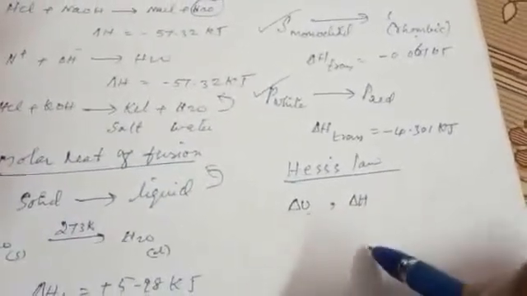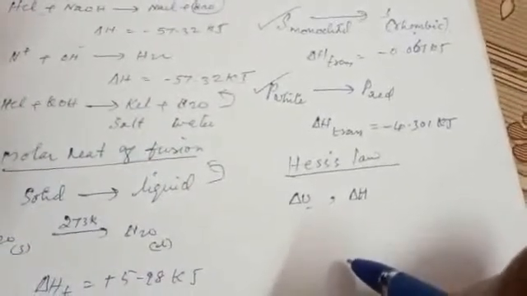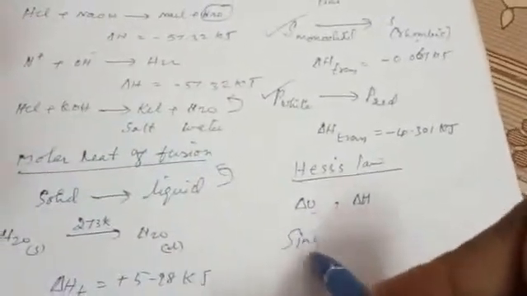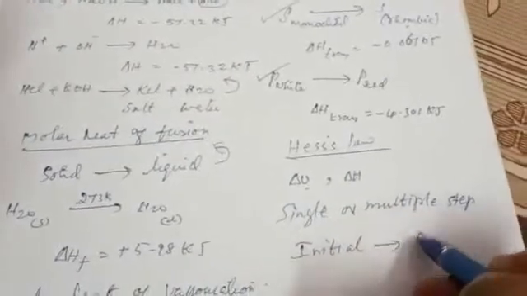Since delta U and delta H are functions of the state of the system, the heat absorbed or evolved is generalized as Hess's law. Whether the reaction takes place in a single step or multiple steps, from initial to final state, addition is used in Hess's law.